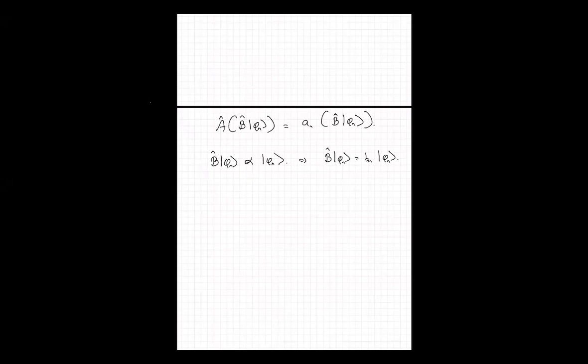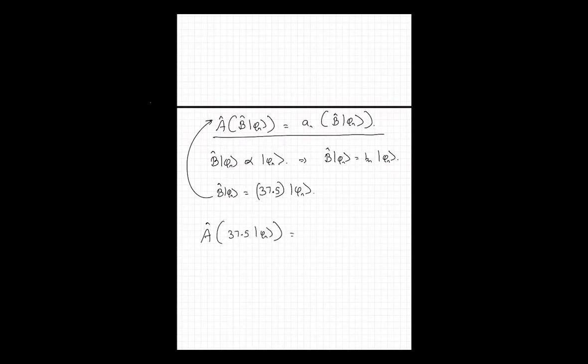Whenever you solve an equation, you have to solve for the most general solution. So suppose B phi n is 37.5 times phi n, take some ridiculous number. Now, all I have to make sure is that this equation is satisfied. So substitute this over here. What happens? A acting on 37.5 phi n equals an times 37.5 phi n, and the 37.5 conveniently cancels on both sides, and I have A phi n equals an phi n, which is the eigenvalue equation.